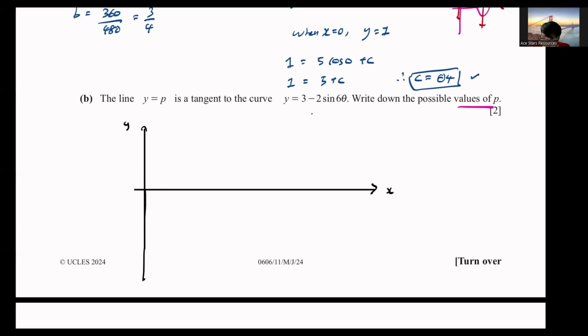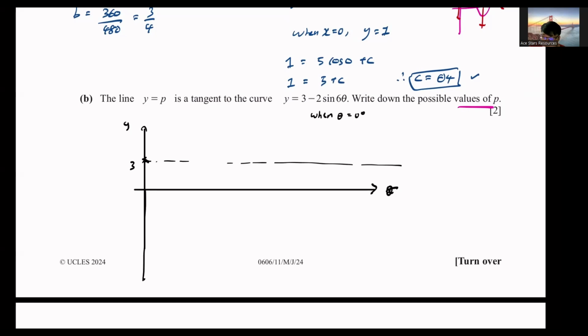So when theta equal to 0, let's see where it goes. y is equal to 3, right? 3 is over here. And then the amplitude is 2.